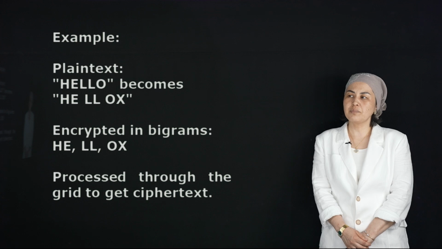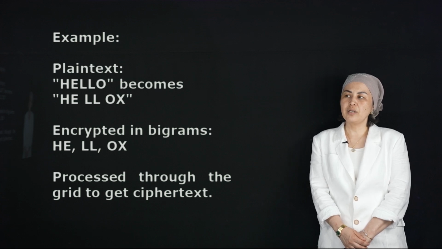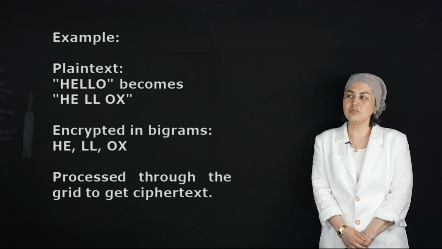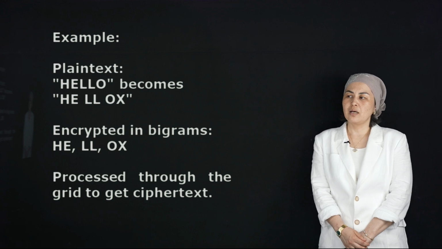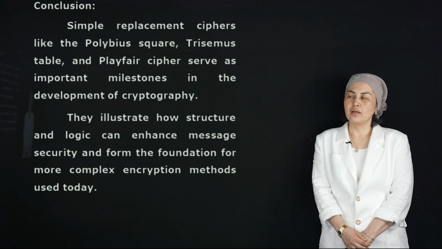Example: for example, we have the plaintext hello. It becomes HELLOX, encrypted in bigrams, and is processed through the grid to get the ciphertext.